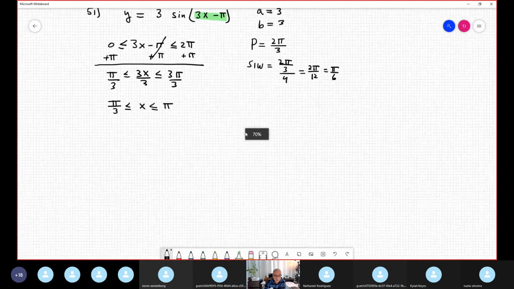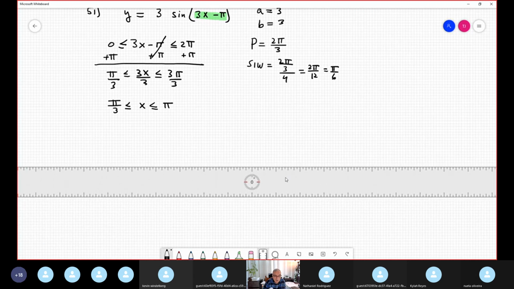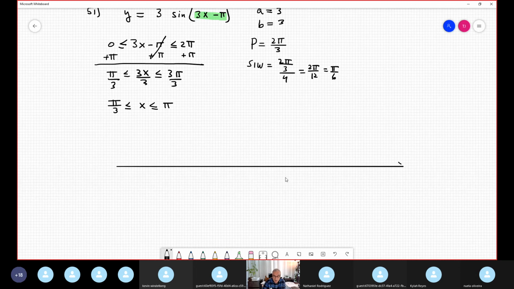However, my graph is... so we make a partition of the x-axis. I don't care about the y-axis so far. My first point is obvious here, in arbitrary position. I put pi over 3. How do you know that?